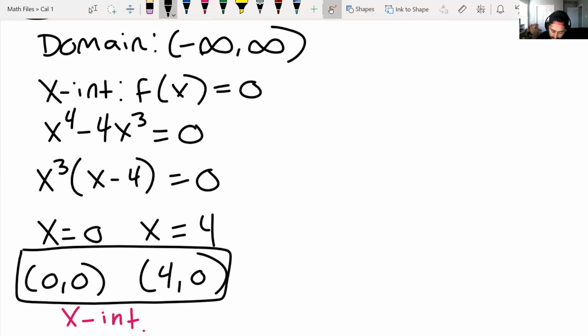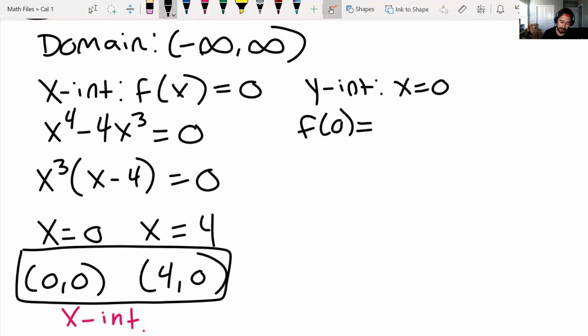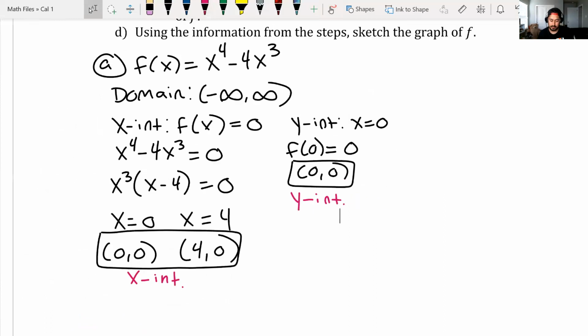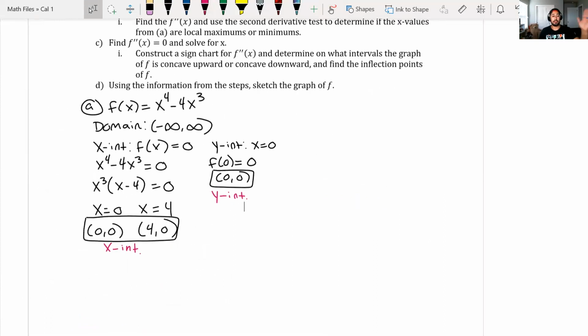Now, I want my y-intercept. To find a y-intercept, you let x equal 0. So we'll have f of 0, but if I plug in 0 to x to the fourth minus 4x cubed, I'm just getting 0. So (0, 0) is my y-intercept. Step A is done: domain, x-intercept, y-intercept.